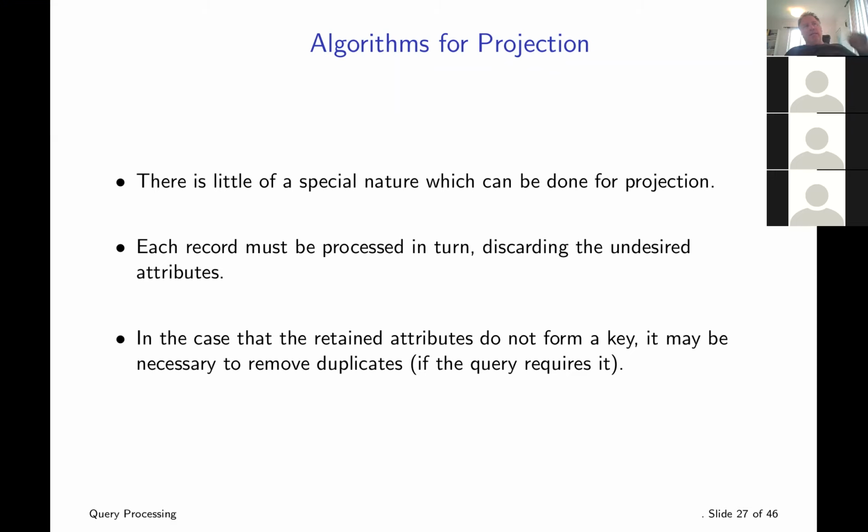If you don't say distinct, you're going to get duplicates in the result, and that's easier to handle, because you're not going to do anything. You just pass things through. The projection is an operator that takes a stream of records coming in and pushes out a stream of records going out, albeit thinner based on the projection.